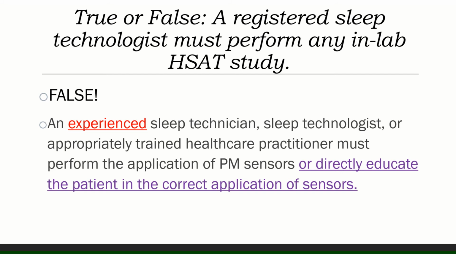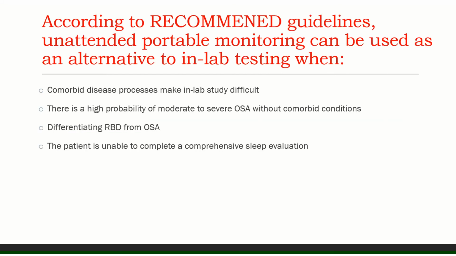All right, so they must either perform the application themselves or they must directly educate the patient on how to correctly apply these sensors. Okay. According to the recommended, keyword recommended guidelines, unattended portable monitoring can be used as an alternative to in-lab testing when what?